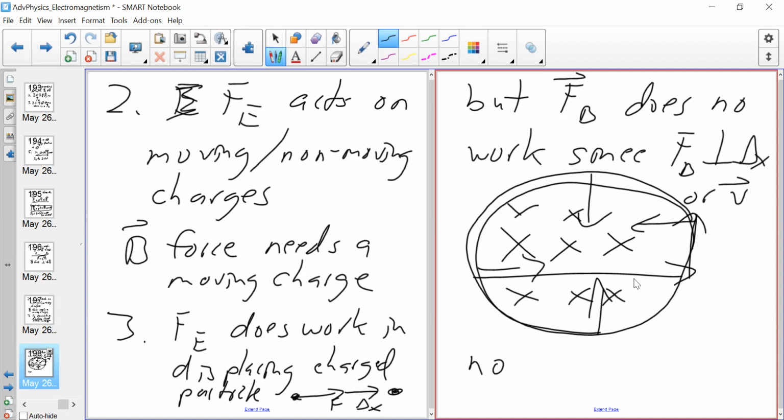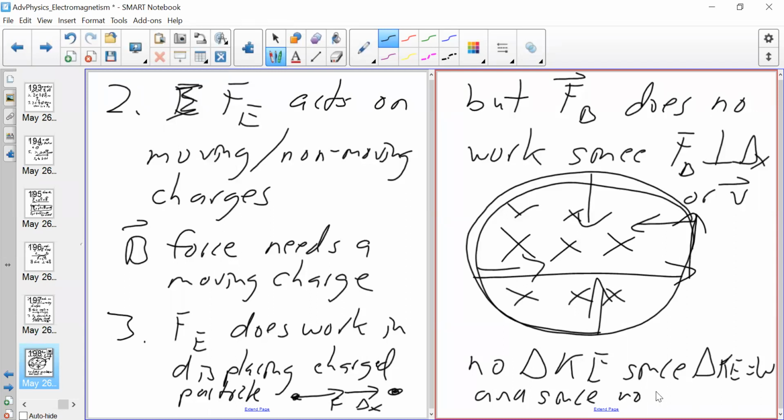Circular motion, right? So no delta KE, since delta KE equals W, and since no W, no delta KE, by the old work-kinetic energy theorem.